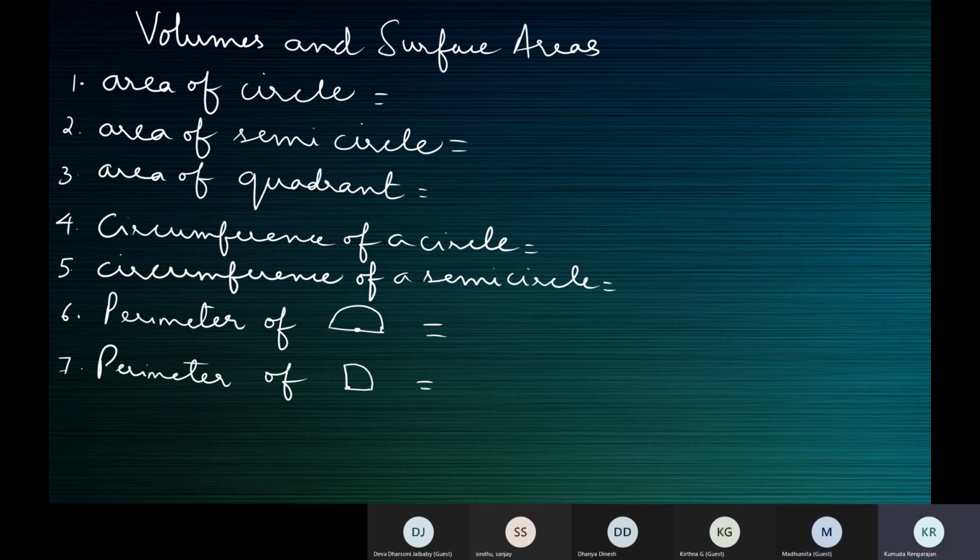Correct. Ma'am, the fifth one is also the circumference of a semicircle. They're different. Perimeter, they're different. The circumference of a semicircle and the perimeter of the figure which I've shown are different. Okay, ma'am.